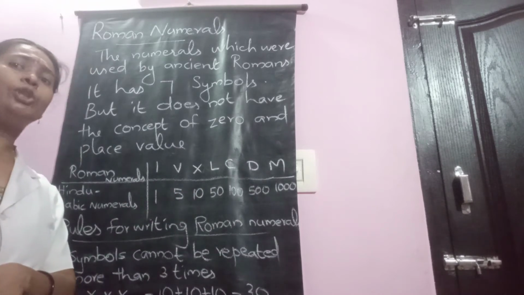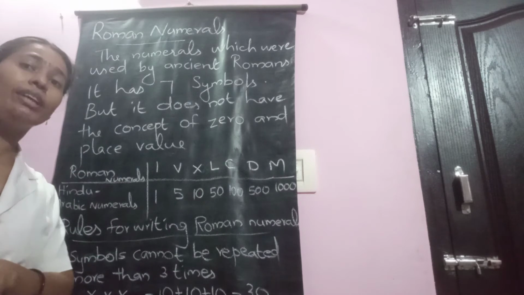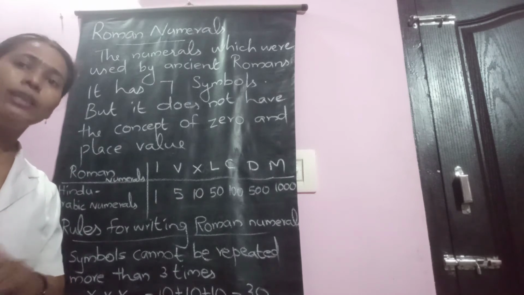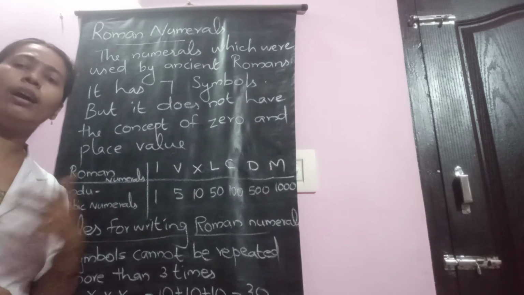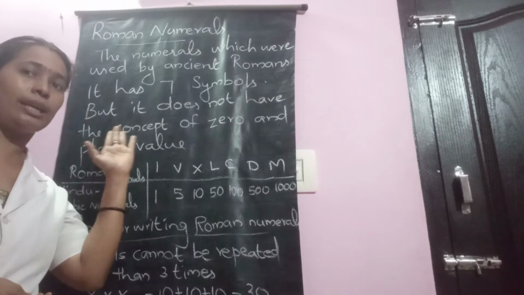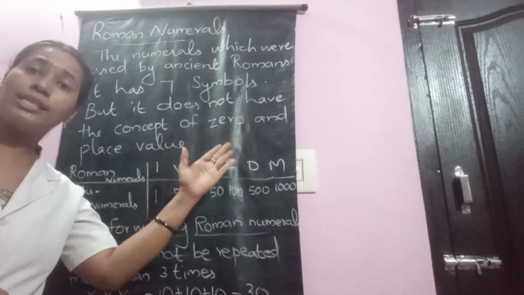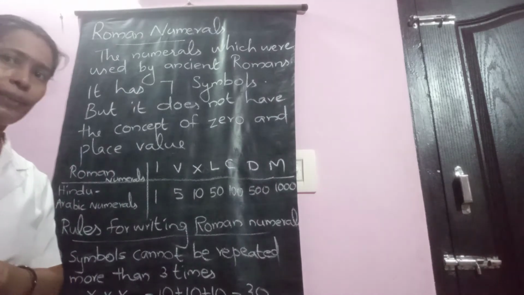But there are some drawbacks. What are the drawbacks? They do not have a symbol to represent 0. When we need a case of 0, what do we do? They are not telling anything about 0. The system does not have the concept of 0 and also place value.